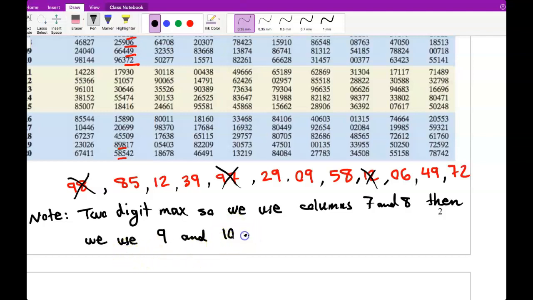And also skip numbers that are larger than 87 or repeated.